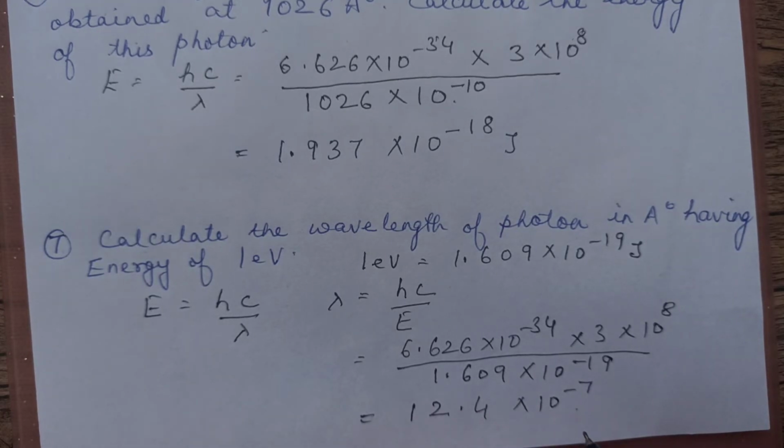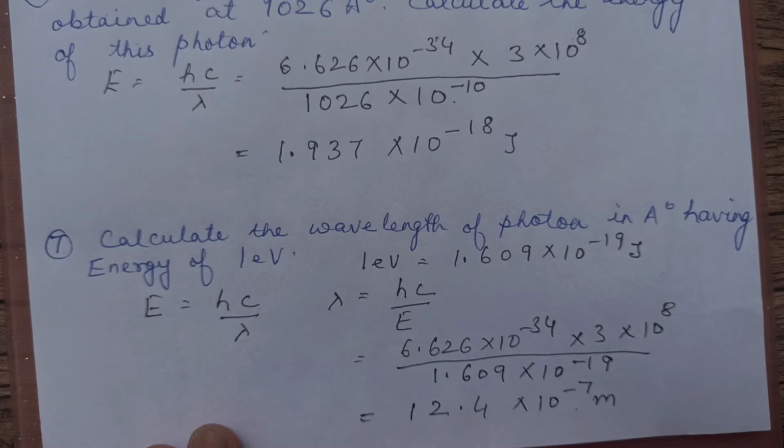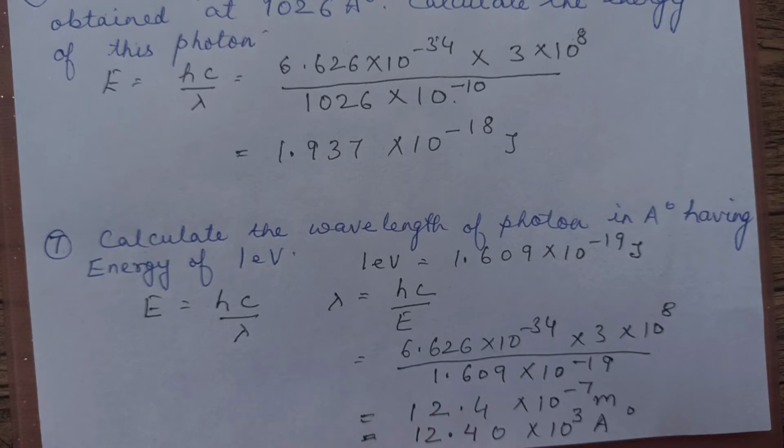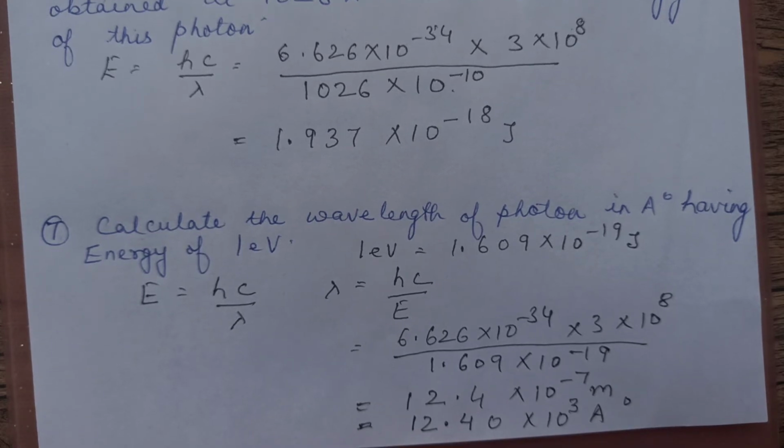So then I can convert this into angstrom unit. Now this is in meter, children. So to convert this, we will multiply this with 10 to the power 10. So what will I get now? 12.40 into 10 to the power 3 angstrom. Clear? Till here it is clear. Please take the screenshot. I hope it is visible. Check it.